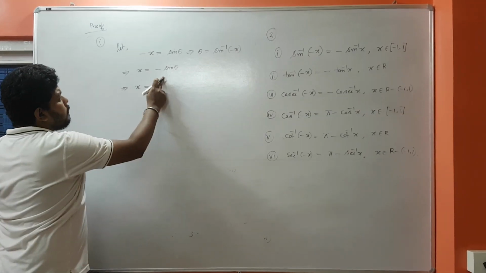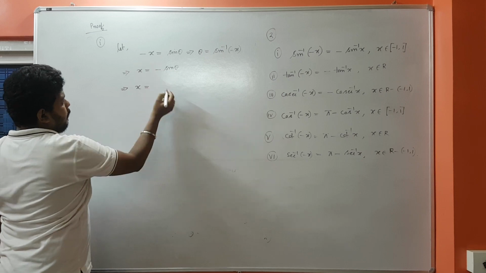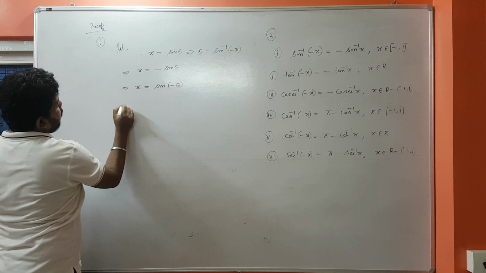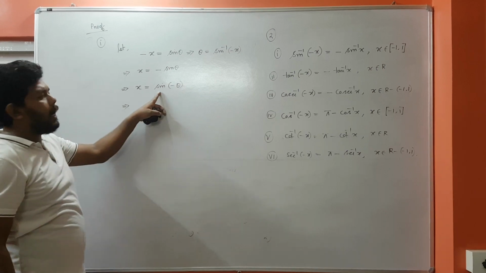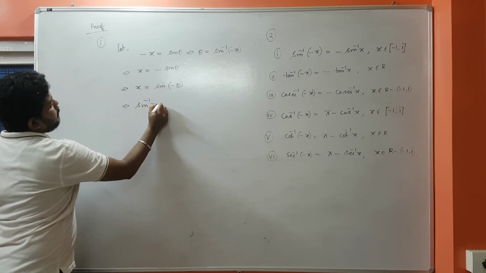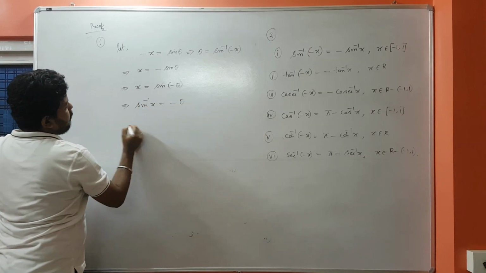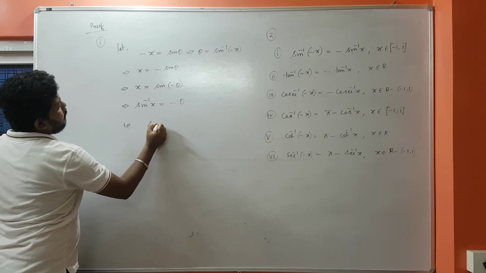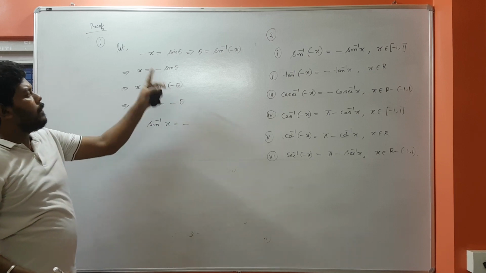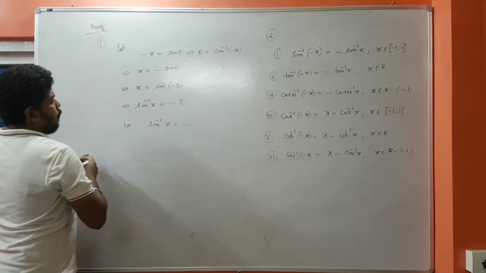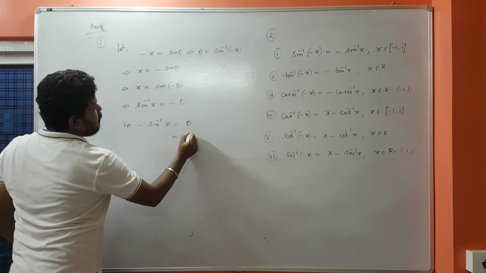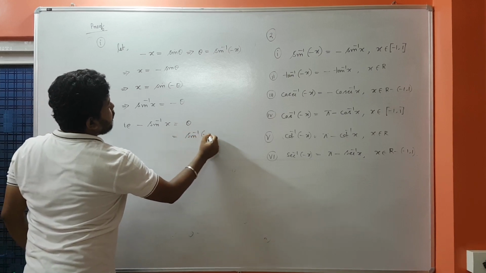Now, what is x? Minus sin theta, that is sine of minus theta. If I take sin inverse on this side, I will get sin inverse of x is equal to minus theta. So theta is equal to minus sin inverse of x, and theta is also equal to sin inverse of minus x.